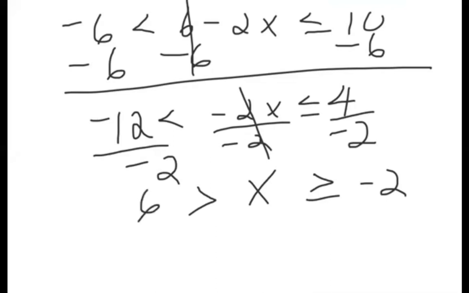So there's your answer. What you will notice is that this is incorrectly written in numerical order because you have the positive 6 on the left and negative 2 on the right, and that wouldn't make any sense. So you want to rewrite this to reflect numerical order so that the negative 2 is on the left, positive 6 is on the right, and then you can write your interval notation.